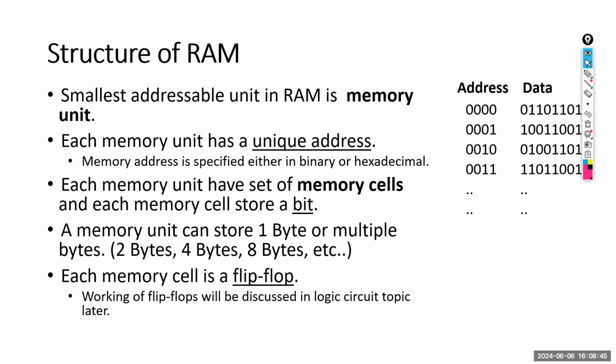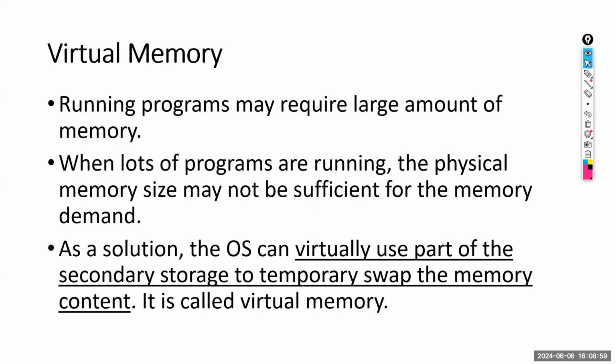Then we looked at the way we understand the memory. Each memory unit has a memory address, and it can keep either 8 bits or a multiple of 8 bits. Then we discussed what virtual memory is. When your program is running out of physical memory, it can think of part of the secondary storage as an extension to the memory.